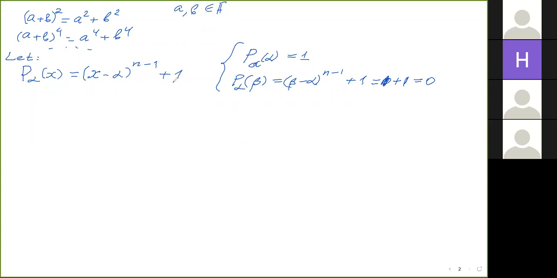The actual Lagrange polynomial is defined in a unique way. So these are our polynomials. This is a simple formula for them.